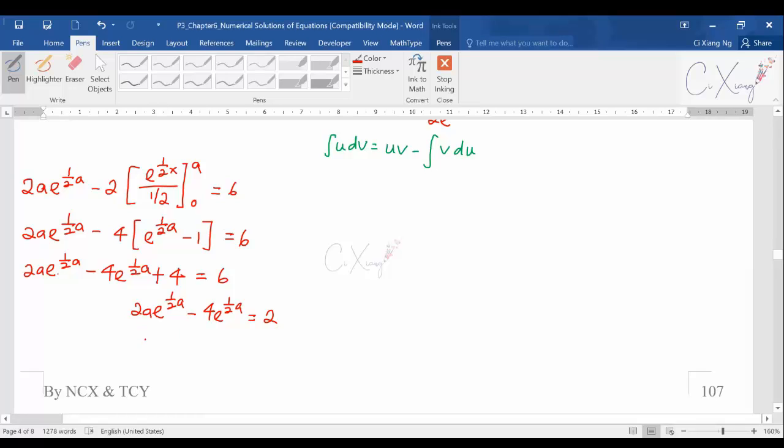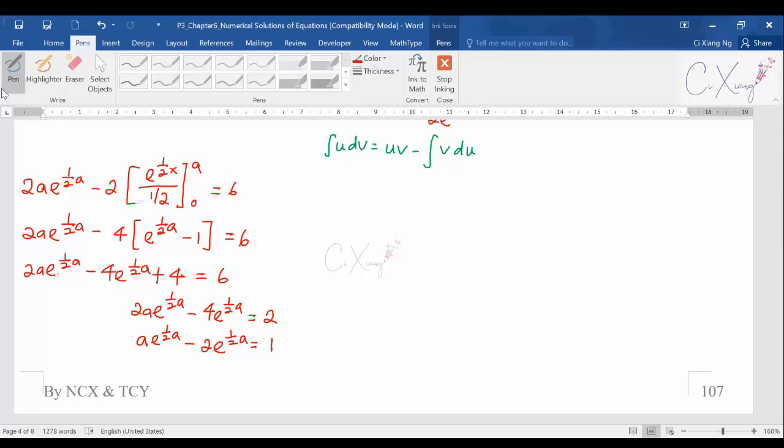I can try to simplify the constant, and it will become... so from here you need to think slowly. How can you get the equation that you want in the question itself slowly? Then this is what I have. Because they want to make the a the object, right? So I maybe will keep this on the left.